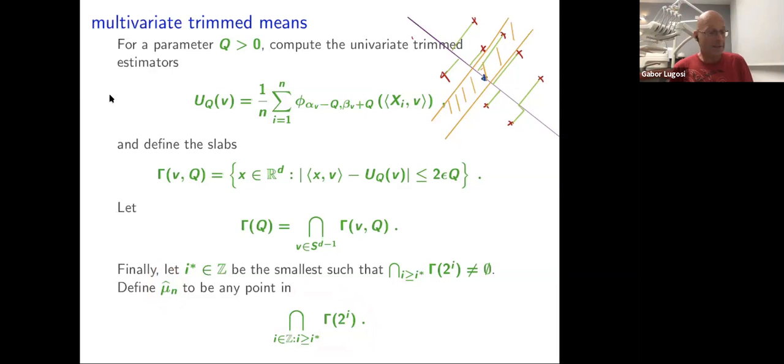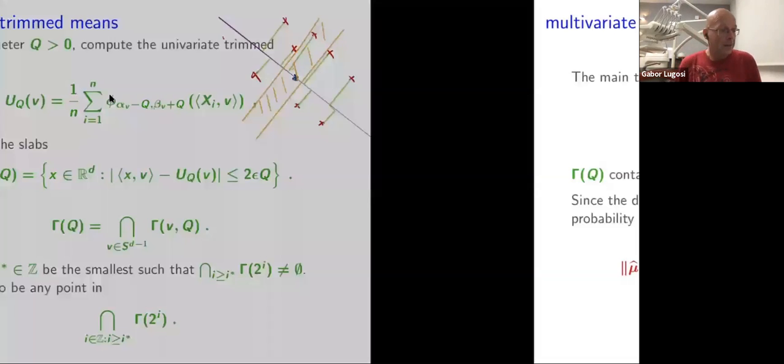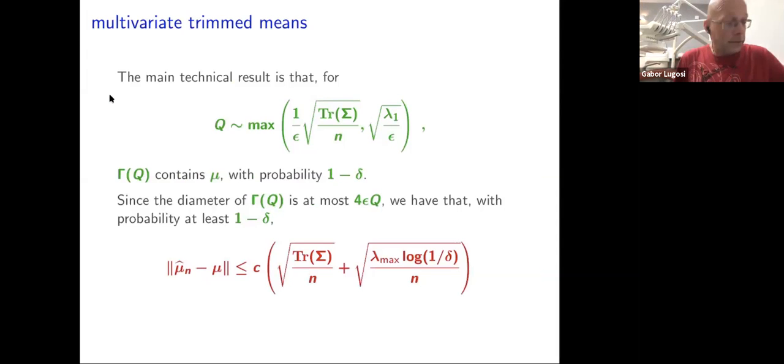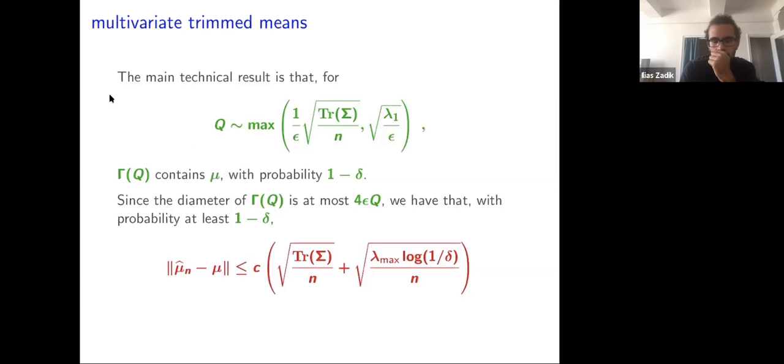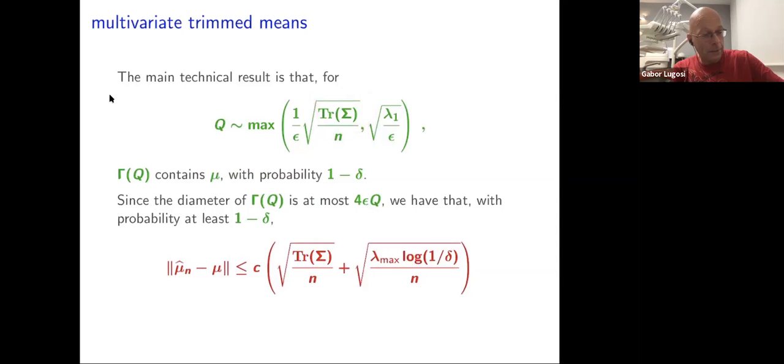That's the multivariate trimmed mean estimator, and the main technical result is that if Q is of this form, 1 over epsilon's root, you see the Frobenius norm, and this is lambda one, the largest eigenvalue of the covariance matrix. So if we take Q of this form, then the corresponding set is not only not empty, but it also contains the true mean with probability 1 minus delta.